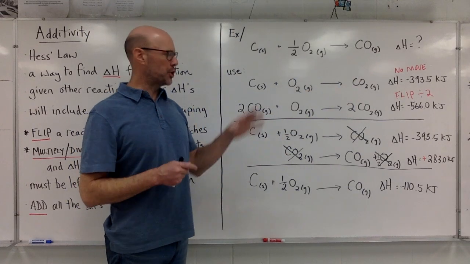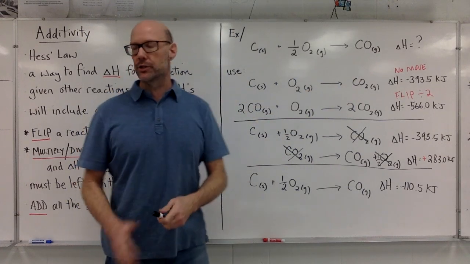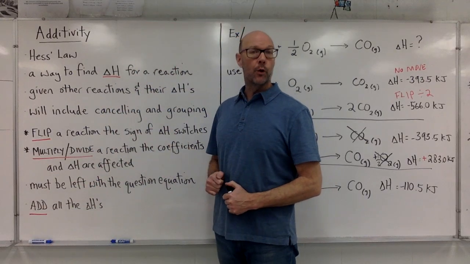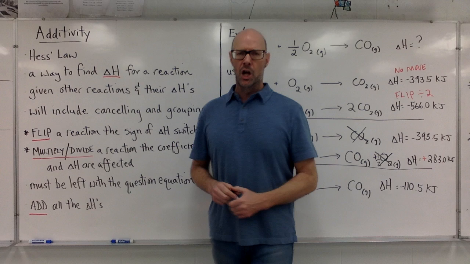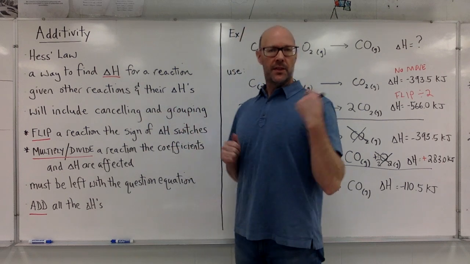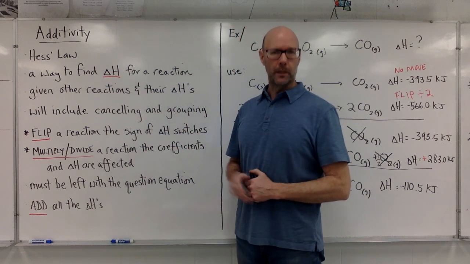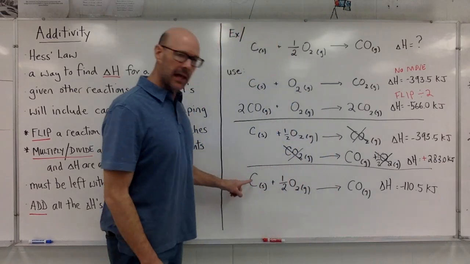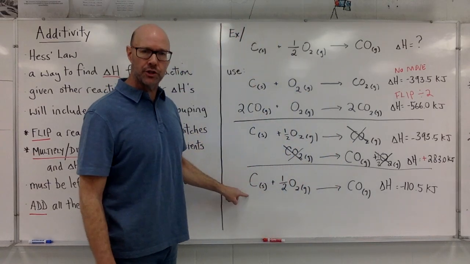Then it's up to us to manipulate those other equations, flipping, reversing a reaction, multiplying or dividing a reaction, doing a bunch of canceling. This example did not include grouping, but we will see it in the future. We have to be left behind with the exact question equation.